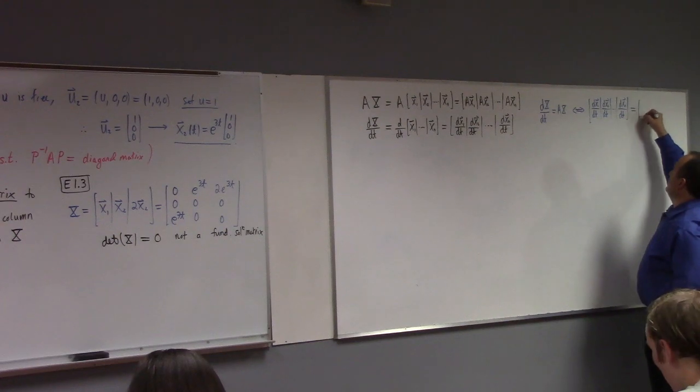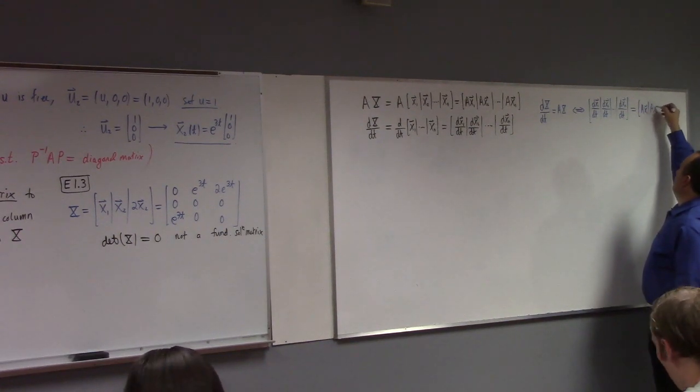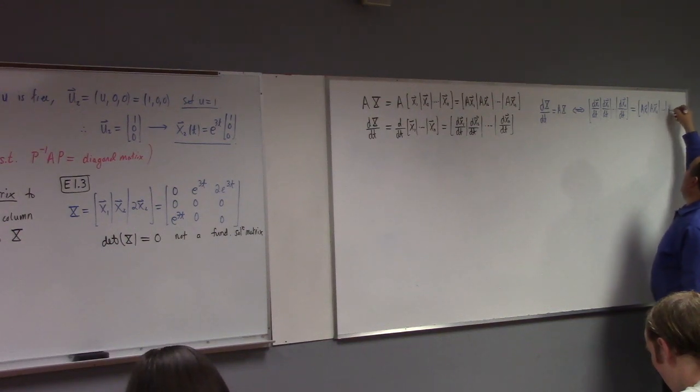Well, we got it right there: Ax1, Ax2, Axn.